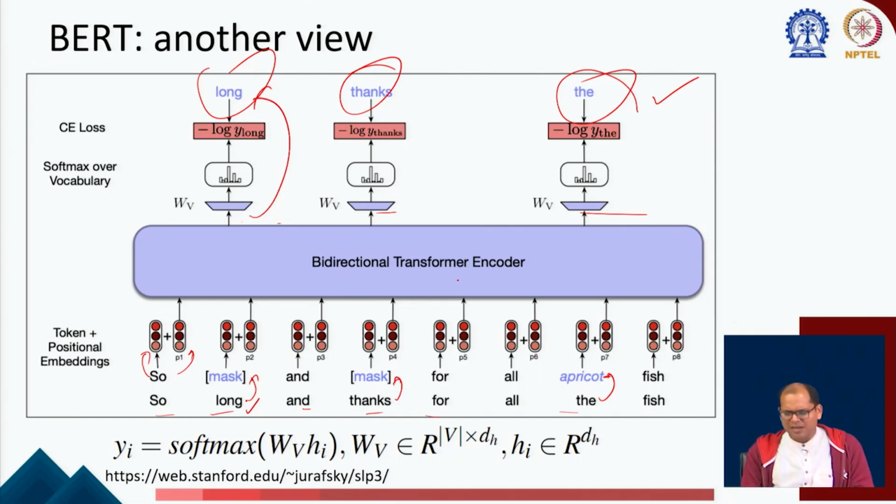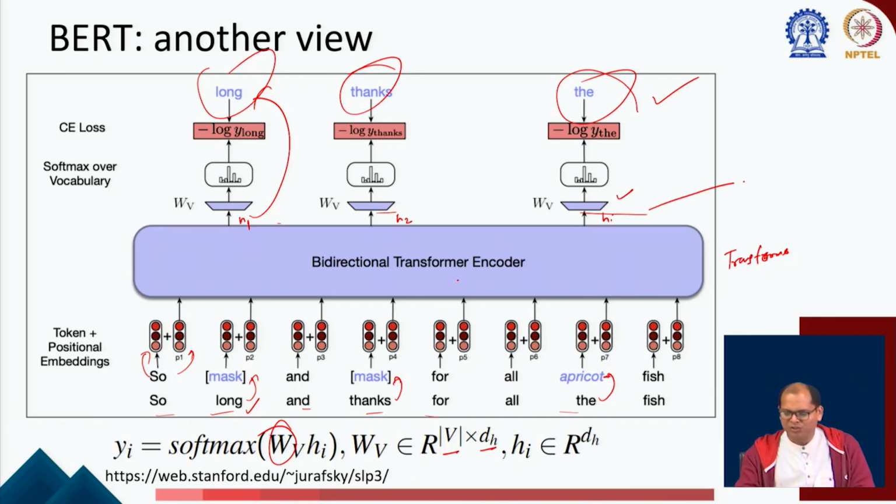And the architecture is very simple. So you have the whole transformer model here, but once you get these representations H1, H2, Hi, you multiply with this matrix WV that will project it to the entire vocabulary, so WV will be vocabulary size times DH.